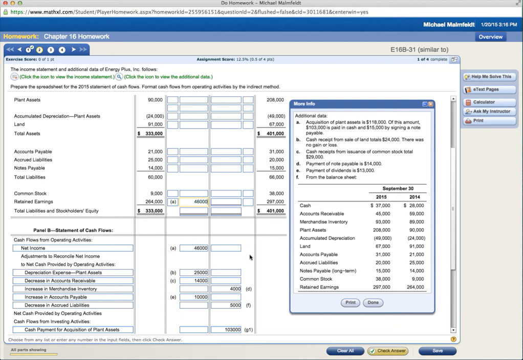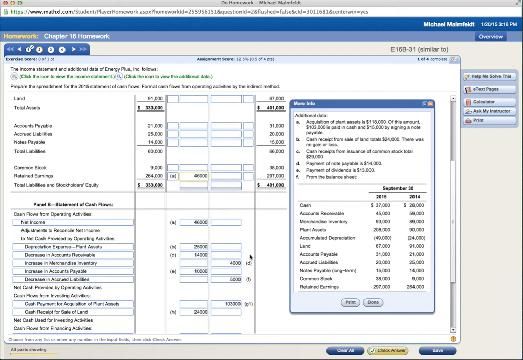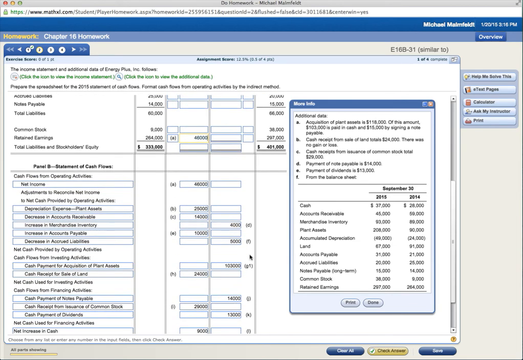So we can look down here and see which other entries we have that would affect retained earnings. And so if you look down here at cash flows from financing activities, you can see that we paid $13,000 in dividends. Well, where did those $13,000 in dividend payments come from? They come from retained earnings.